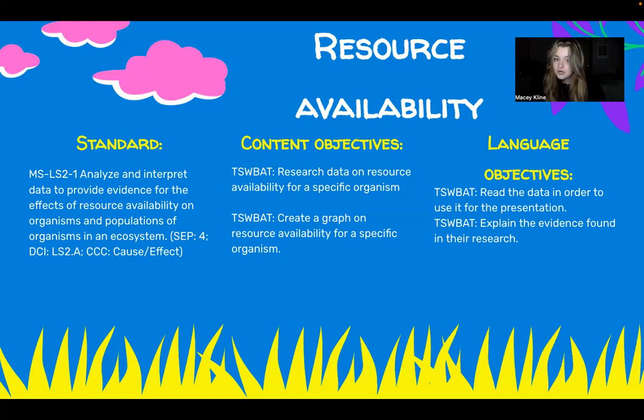But for content objectives, the student will be able to research data on resource availability for a specific organism. So each student will only have one organism. They're actually in groups of two to make it a little more group friendly, get more movement around in the classroom. And then again, the student will be able to create a graph on resource availability for a specific organism.